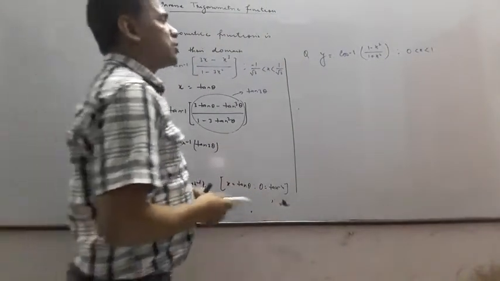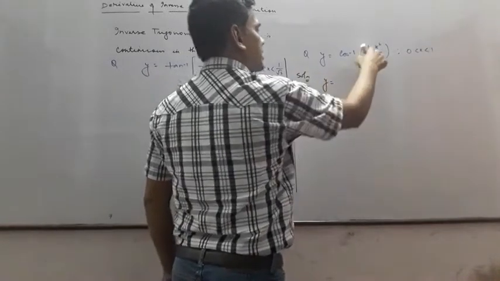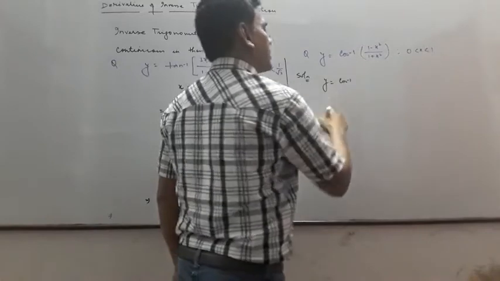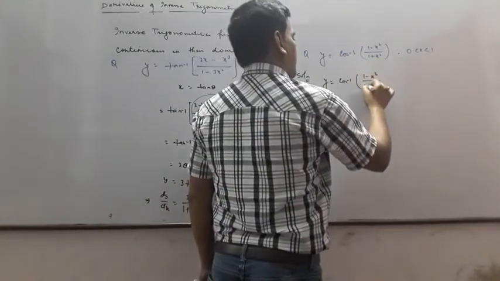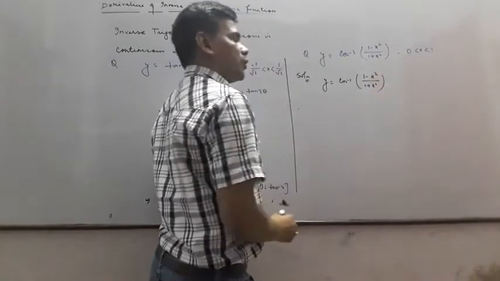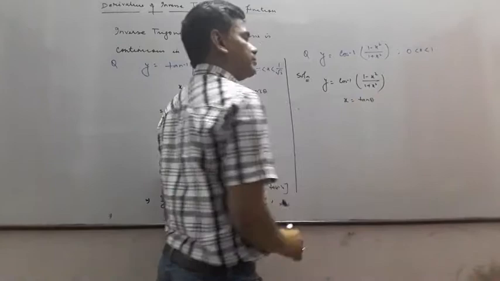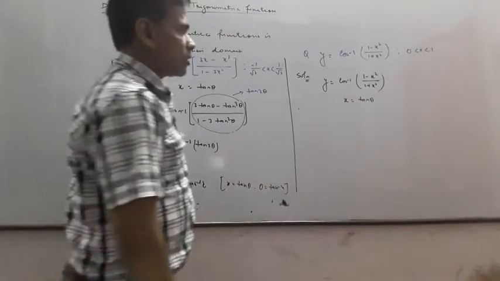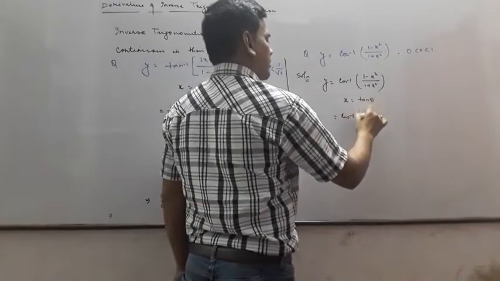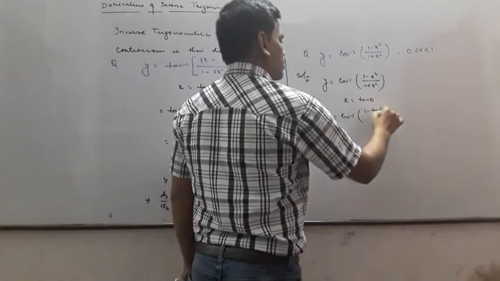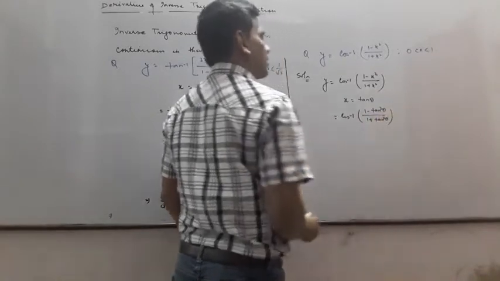Once again, check what you will let for this x which will turn it into the form of cos. If you substitute x equals tan theta, then it will be cos inverse of (1 minus tan square theta) over (1 plus tan square theta).